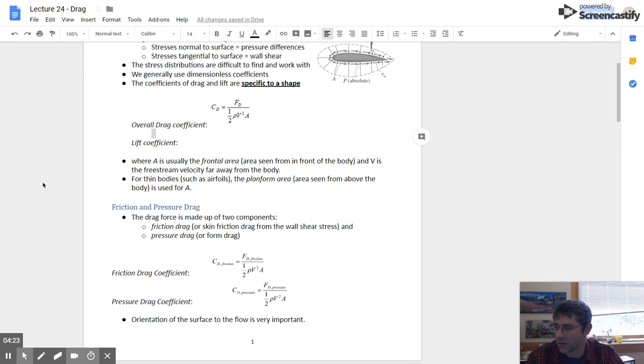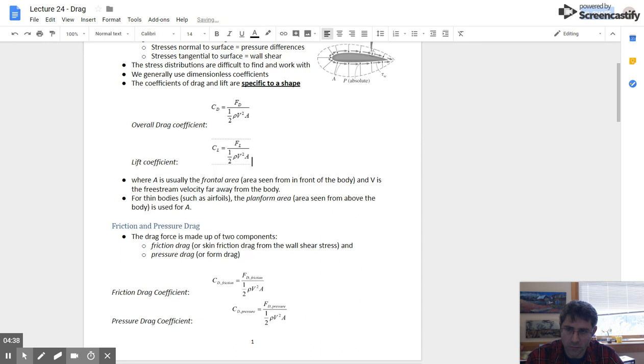Whereas the lift coefficient is going to be defined very similarly, but instead of the force of drag, we're going to use the force of lift. And instead of C sub D, we're going to use C sub L. But otherwise, it's the same equation. And so we'll talk about these C sub D and C sub L in a minute.